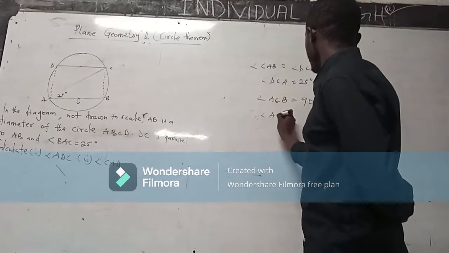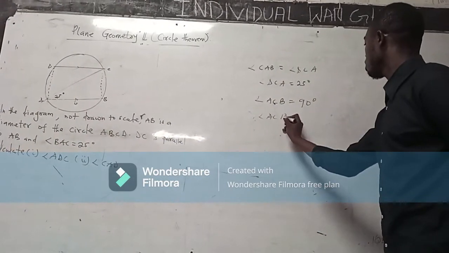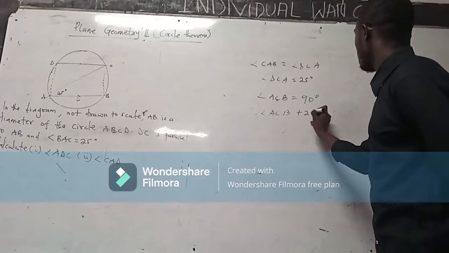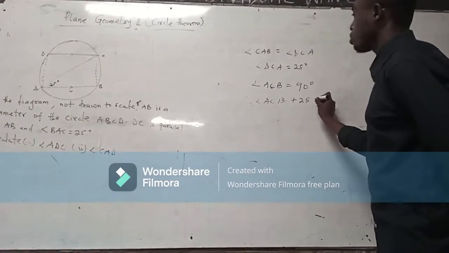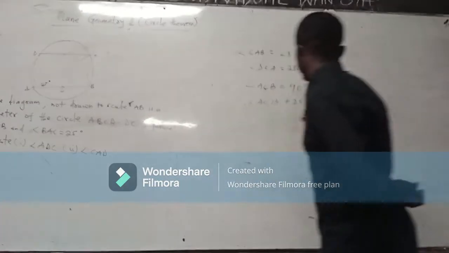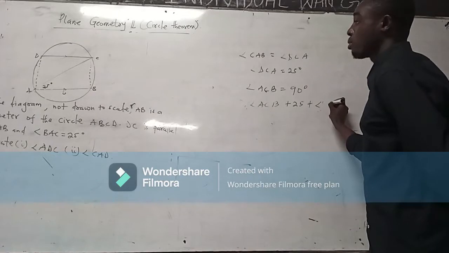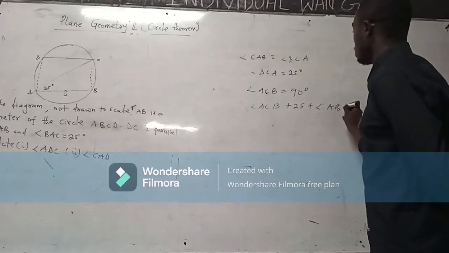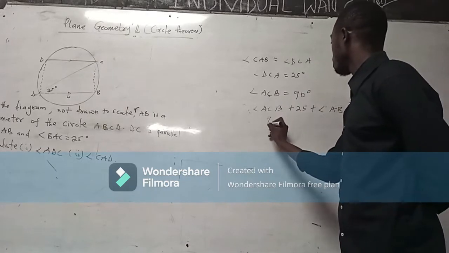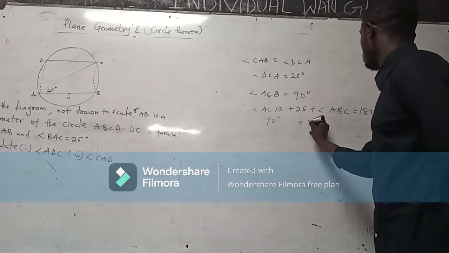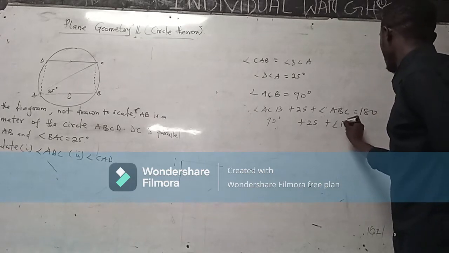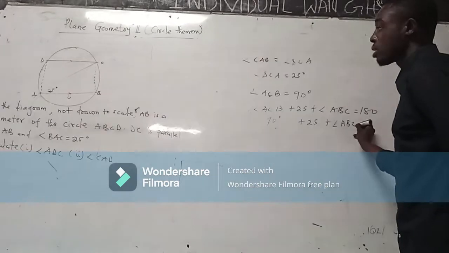So angle ACB plus the 25, plus the angle that we don't know, angle ABC, is equal to 180. So we have this one to be 90 already, we have this one to be 25, and we are now finding this ABC.